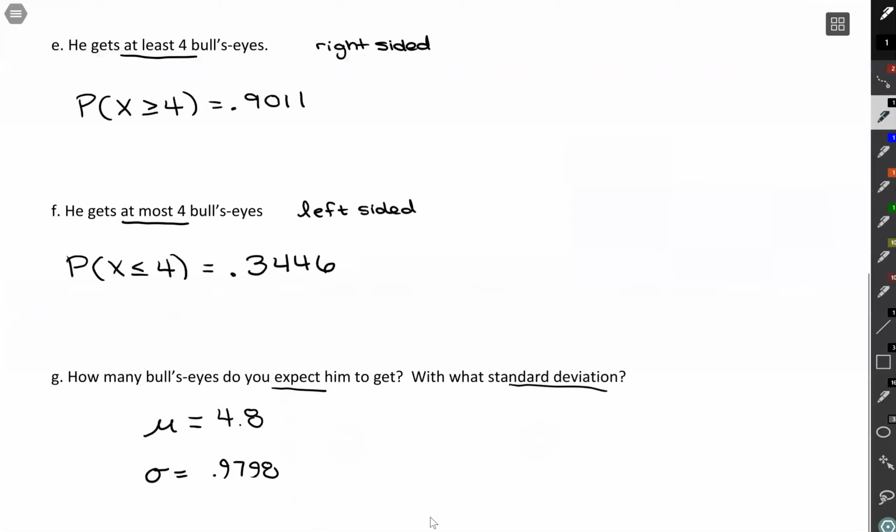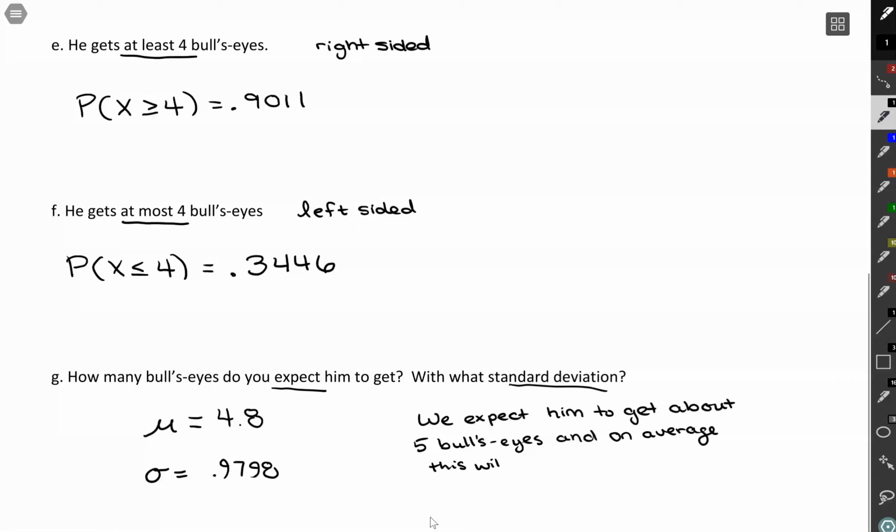And we can make a sentence here of we expect him to get about 5 bullseyes. And on average, this will deviate by about 1 bullseye.